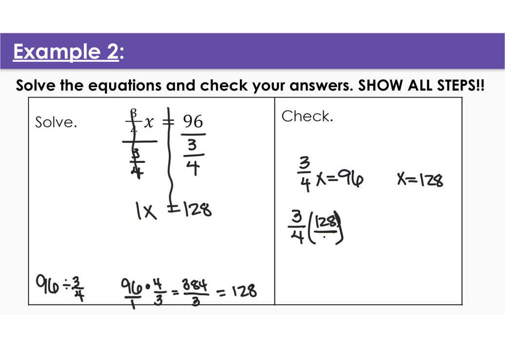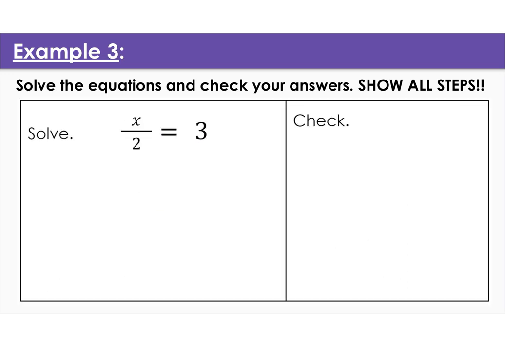I can put the 128 over 1. 3 times 128 is 384. 4 times 1 is 4. 384 divided by 4 is 96. 96 does equal 96, so 128 is a solution.